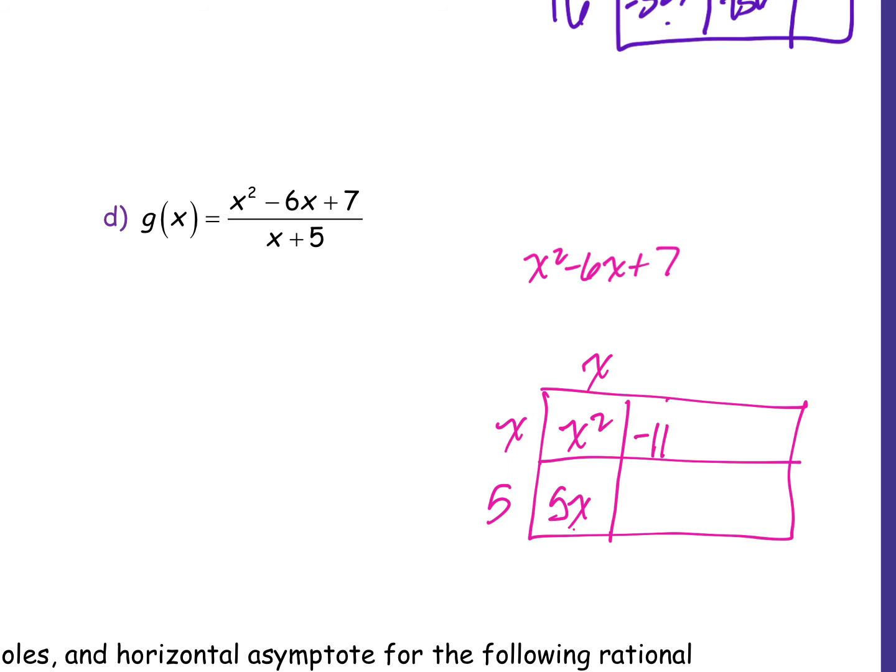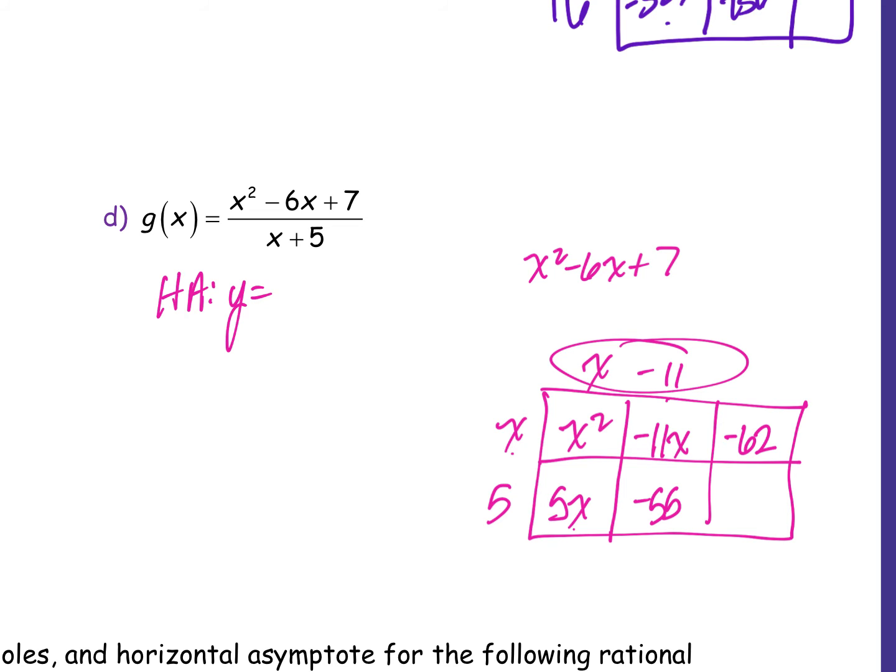Negative 11x. So negative 11 goes there, and that's negative 55. And then I need 7, so that's negative 62. Well, I can't multiply x by anything, so that's just my remainder. So there's my answer. Horizontal asymptote is y equals x minus 11. Done.